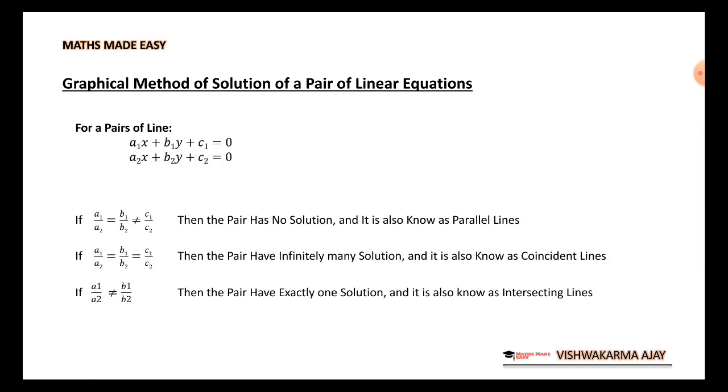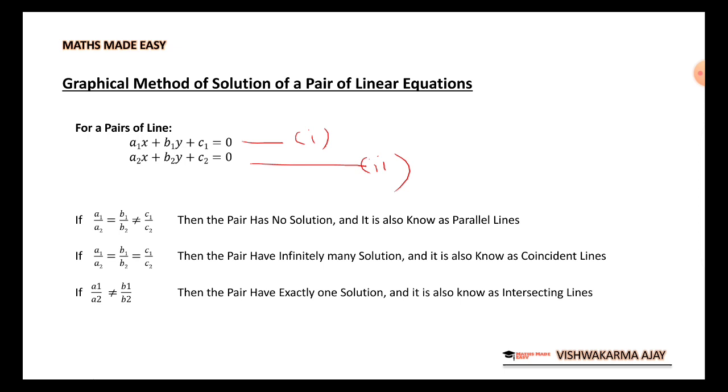Okay, we are going to see the previous slide here in much more detail. Graphical method of solution of a pair of linear equations, for a pair of lines. These are two lines: a1x plus b1y plus c1 equal to 0, a2x plus b2y plus c2 equal to 0.